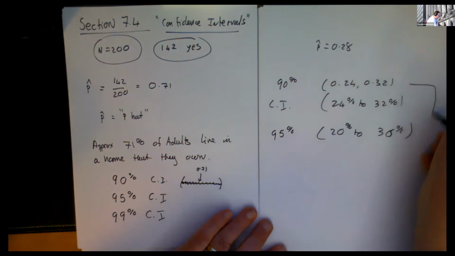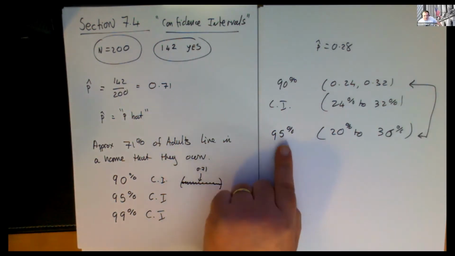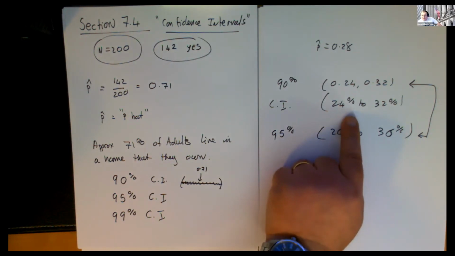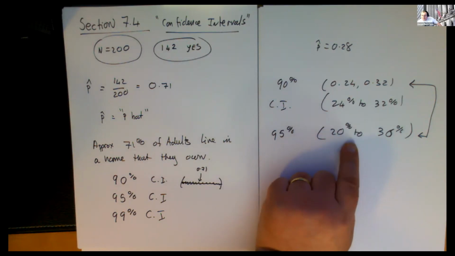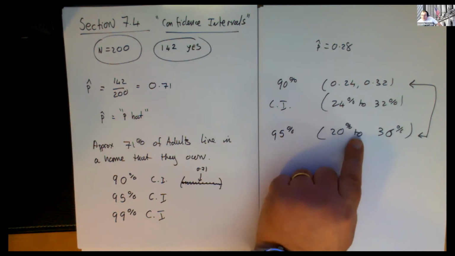Well, if you compare these two, this confidence interval, I'm now 95% sure that the real answer is somewhere in the range 20 to 36%. Have you noticed that it's bigger than this one? And that makes sense, doesn't it? Why should it be bigger than this one? More range, so you're more certain what it is.